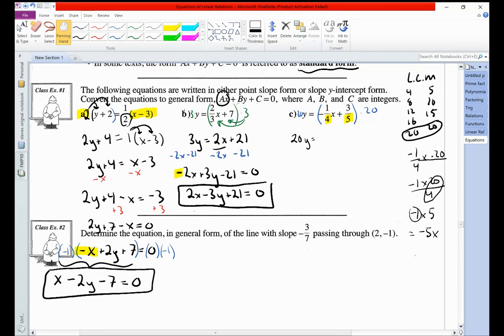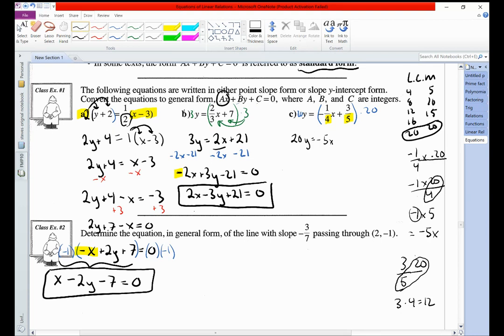So basically this -1/4 x, we're going to multiply that by 20, and it becomes -5x. And then 3 over 5 multiplied by 20. What you can do is say, okay, well, 20 over 5 is just 4. So now we have 3 times 4, which is 12.